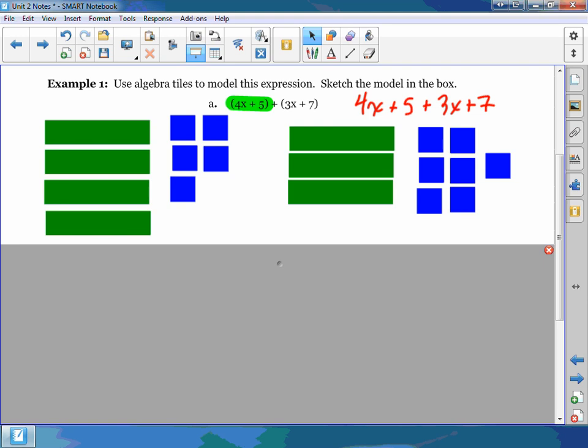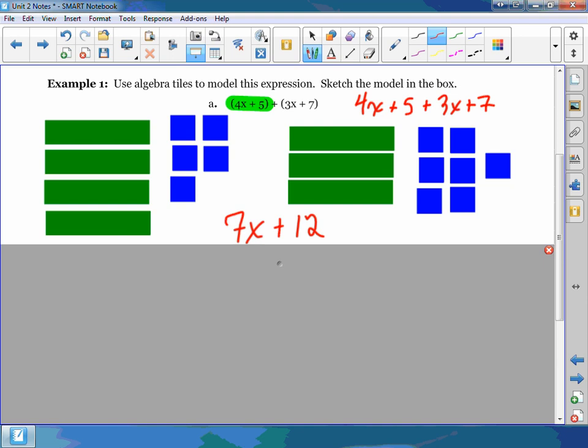You add your shapes, your 4x and your 3x, 7x. The 12 singles, right? Exactly.